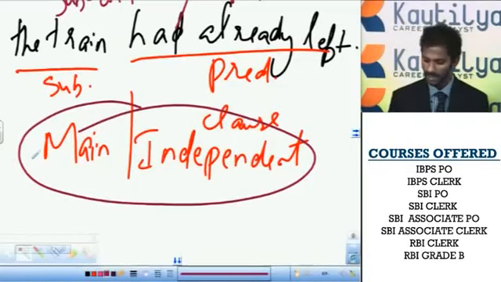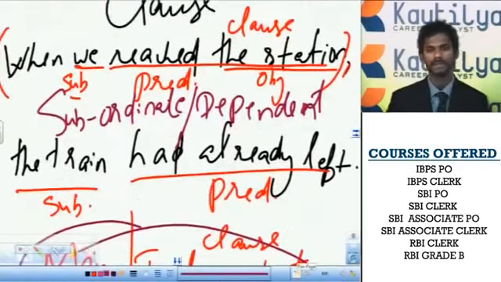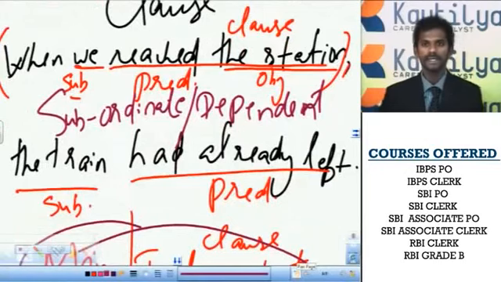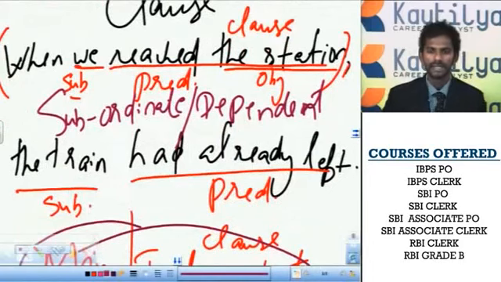Fine. Now come to the first clause. When we reached the station. If I say this, is the meaning complete or incomplete? It makes an incomplete sense. That means the first clause depends upon the second clause to gain a meaning.